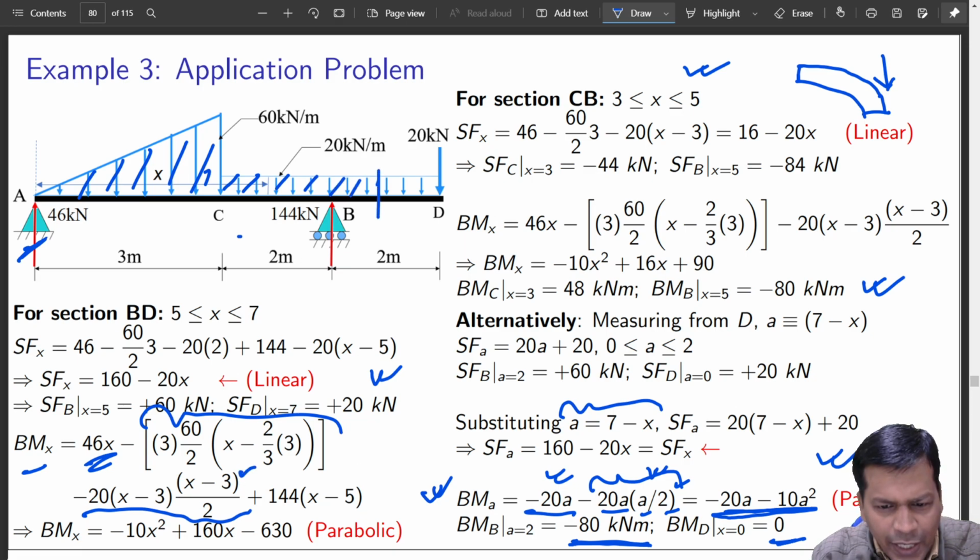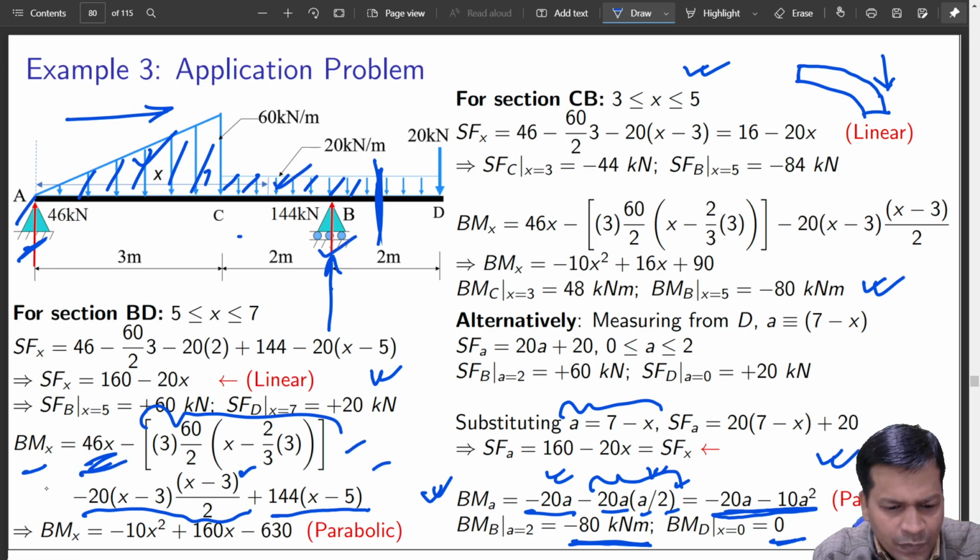Got it? And 144 is due to this load. So nothing is remaining. I am taking from this end: this, this, this, and this. 4 loads are there, 4 terms are there. Everything is considered, right?